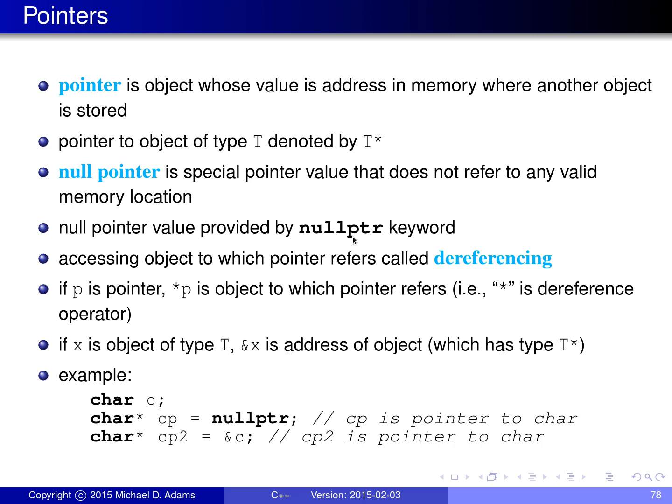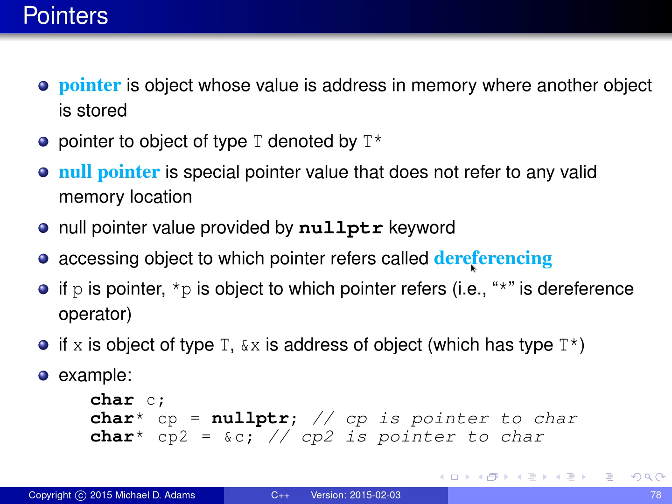In order to access what a pointer points to, in other words, a pointer by definition of what it is, it refers to or references some other place in memory, because the value of a pointer variable is the address in memory where another variable is stored. So sometimes we want to actually look at the value that's stored in the pointer variable and then go to where that pointer variable is referring in memory and access what's there.